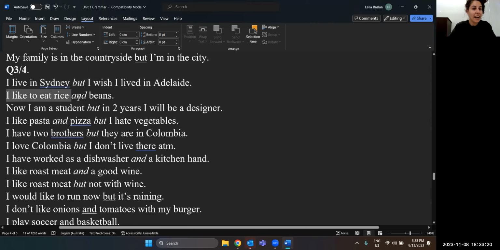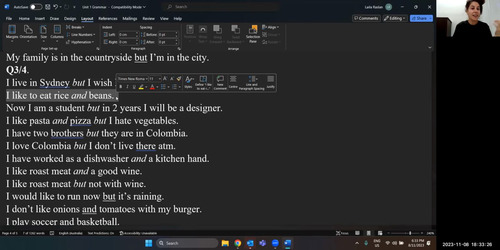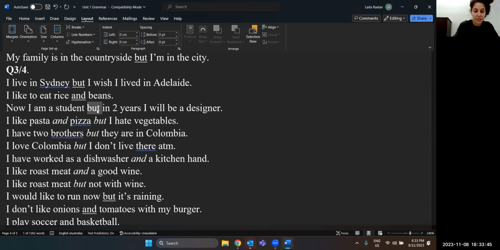I like to eat rice and beans because they're 2 of the same type of nouns. They're food. I like to eat rice and beans. Another example is, now I'm a student, but in 2 years, I will be a designer. So, but, she's not continuing to talk about a student.